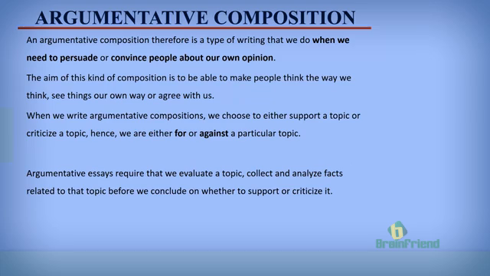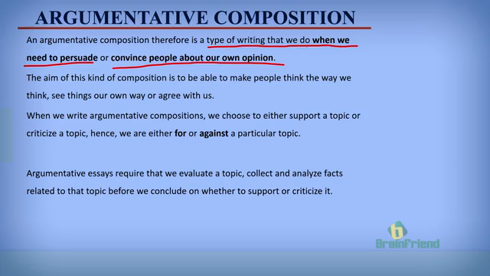Now, having said that, what is an argumentative composition? An argumentative composition, therefore, is a type of writing that we do when we need to persuade or convince people about our own opinion.